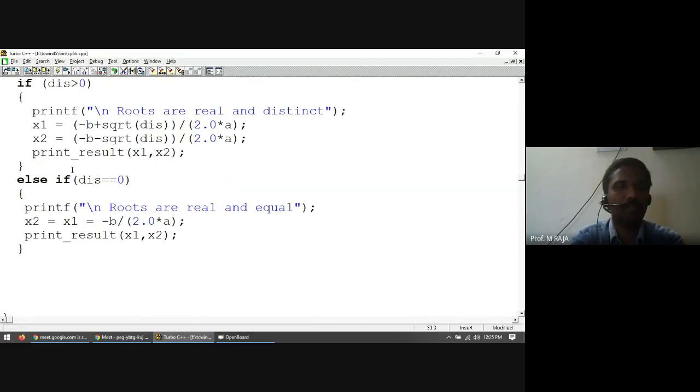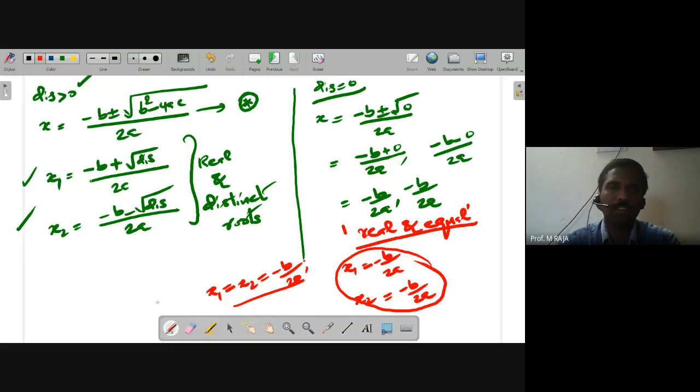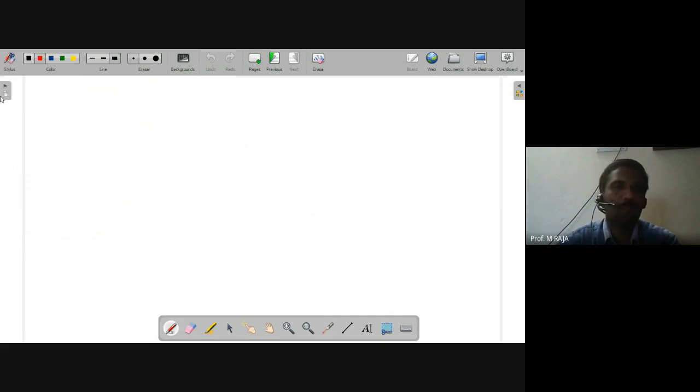Else, another possibility. So when these two conditions fail, discriminant is greater than 0 and discriminant is equal to 0, ultimately discriminant is less than 0. That means b square minus 4ac is less than 0.